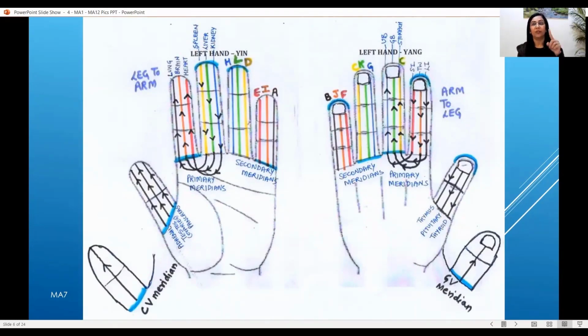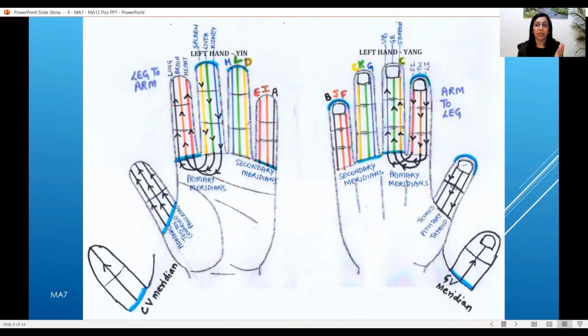And the energy flow is from leg to arm. So that is why the energy gate is on top of the middle finger and the bottom of the first finger. And the meridians you have already marked, like the lung meridian, the brain, heart, spleen, liver, and kidney on the yin side. And on the other two fingers are the same meridians, but they are the secondary meridians.